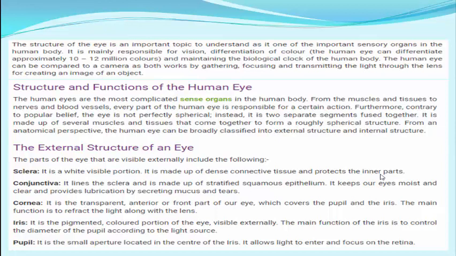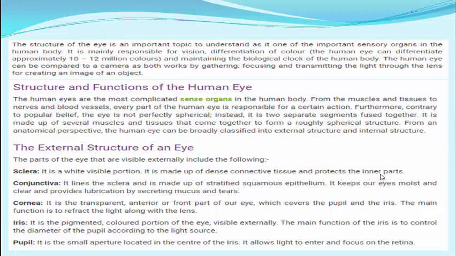Structure and functions of the human eye. The human eyes are the most complicated sense organs in the human body. From the muscles and tissues to nerves and blood vessels, every part of the human eye is responsible for a certain action.